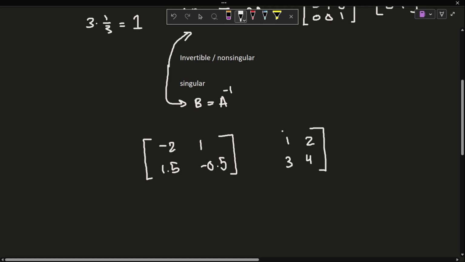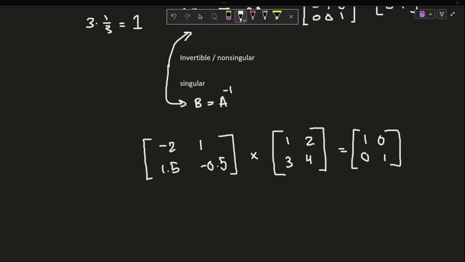How do I know this? Well, if I were to multiply these two matrices in any order together, that is going to equal my identity matrix for the 2x2. Okay, and you can try this out yourself and you can prove it.